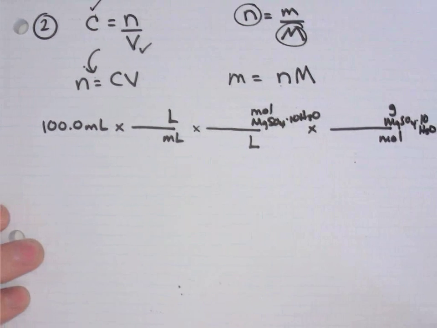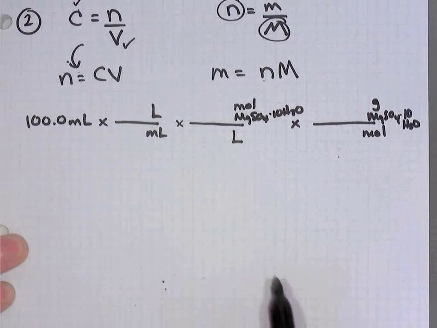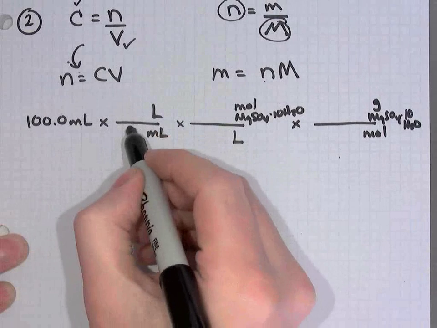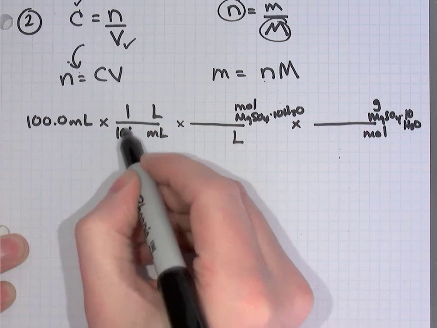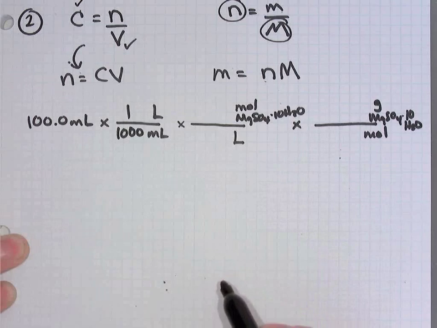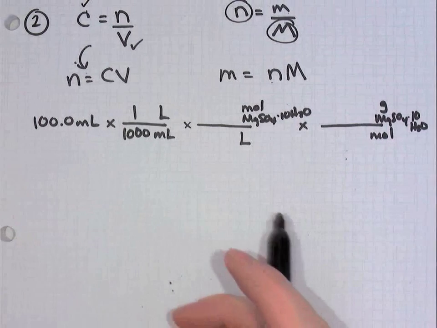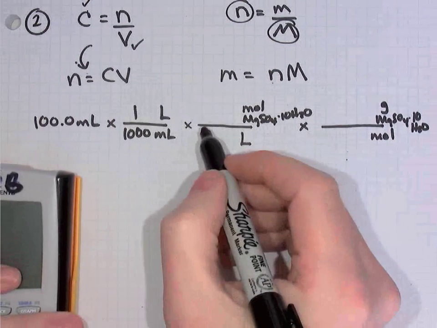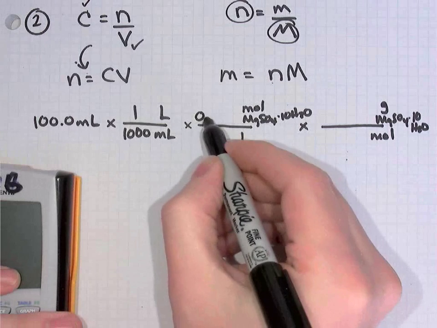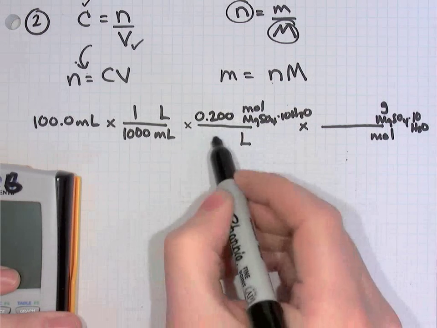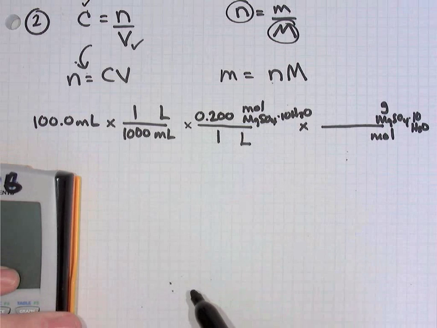So the first unit multiplier: 1 liter has 1,000 milliliters. Using our question, we had 0.200 molarity, which meant there was 0.200 moles per liter of solution.